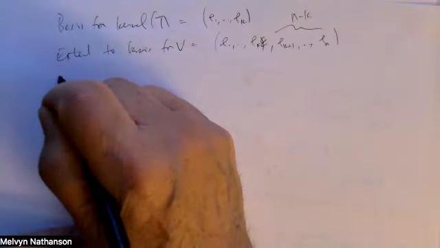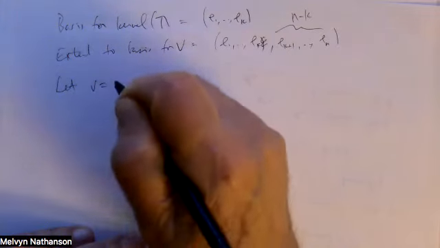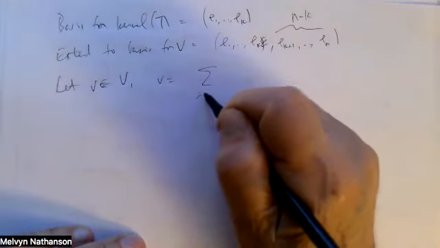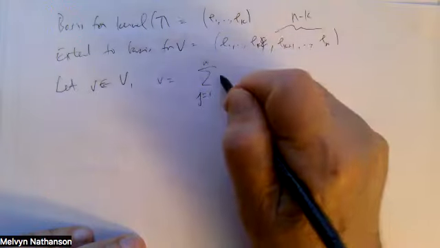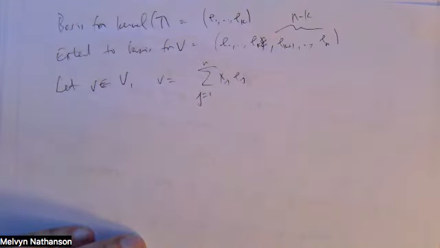So if we take any vector v in the vector space, v is some linear combination, summation j goes from 1 to n, xj ej.